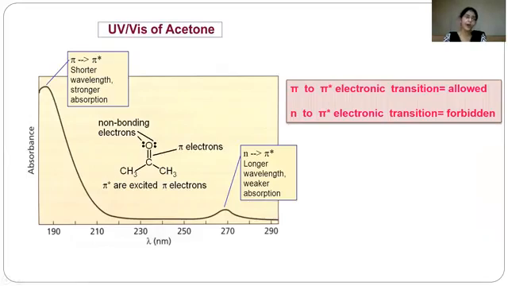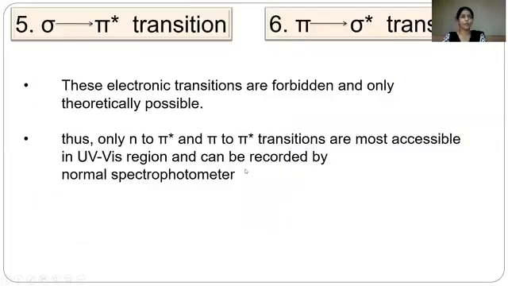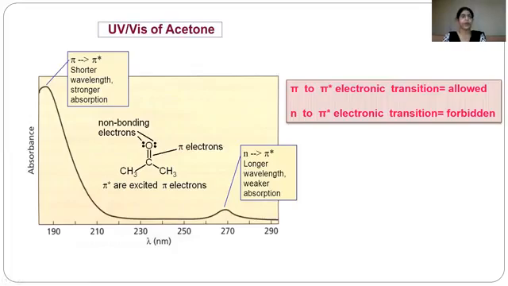So in the case of a carbonyl compound, we always observe two bands. One is of higher energy, observed at lower wavelength, because of the pi to pi antibonding transition. Another is of lower energy, observed at higher wavelength, the n to pi antibonding transition.